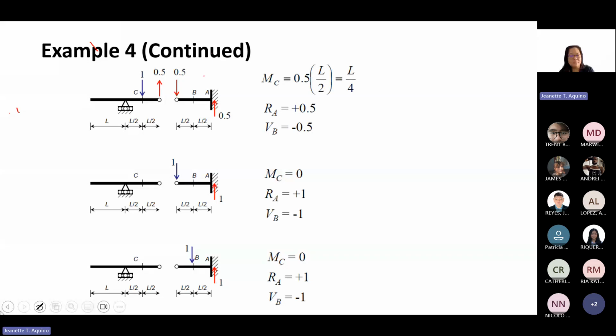So your load is at point C. You take moment at this support, your load will be 0.5 here, and then upward 0.5. Okay. Good question.